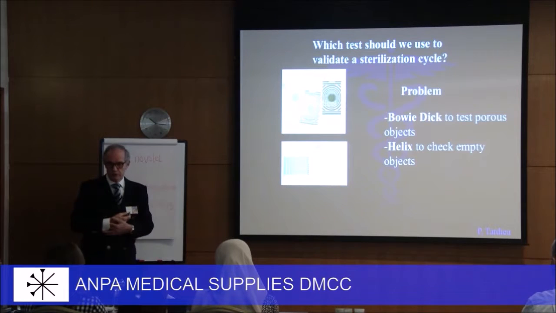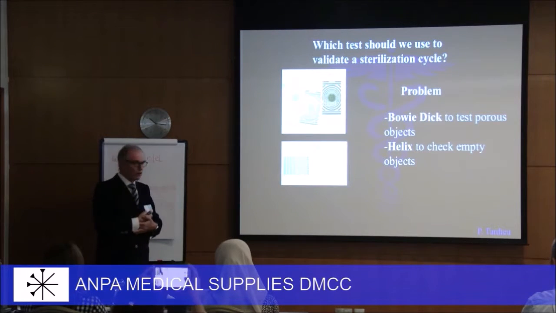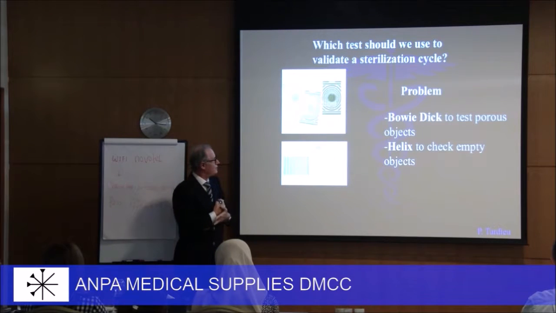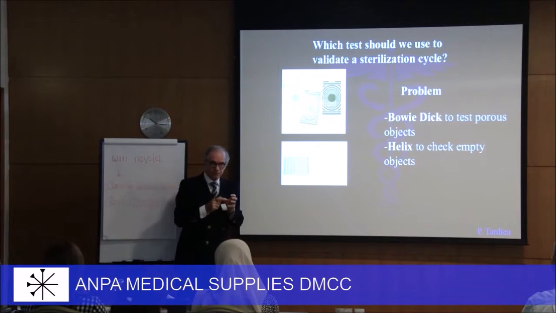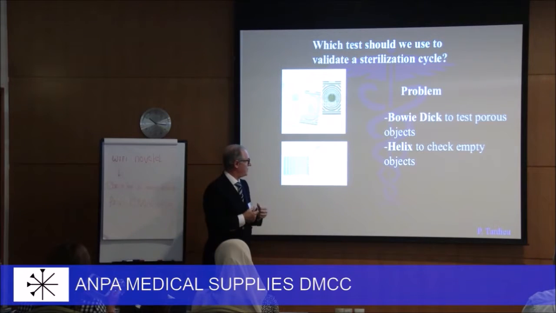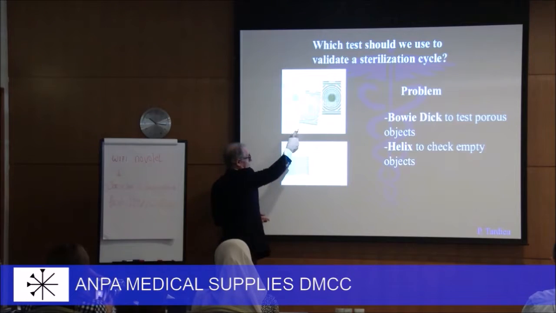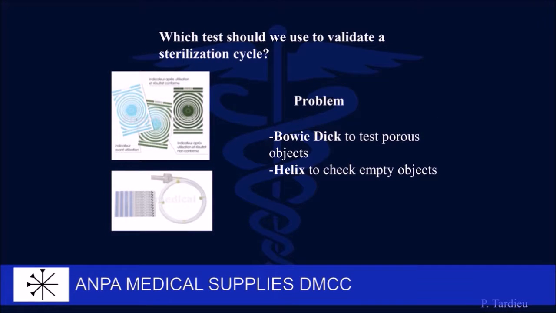What kind of tests should we use? You have basically two kinds of tests. The Bowie-Dick is to test porous objects, and you have the helix system with the empty object. You put that in the sterilizer, and when the color changes, it means that it's sterile, sterile based on the Bowie-Dick system. The helix system is to check the things under a tube. So you have a tube like this.